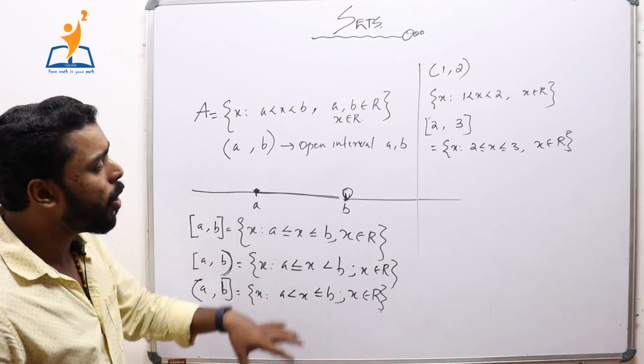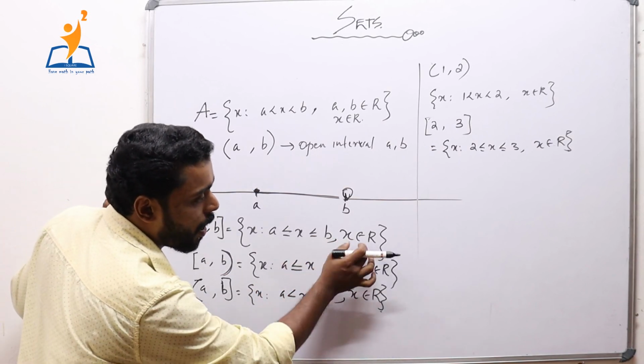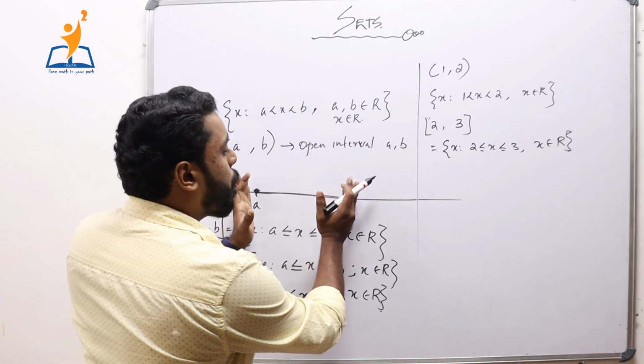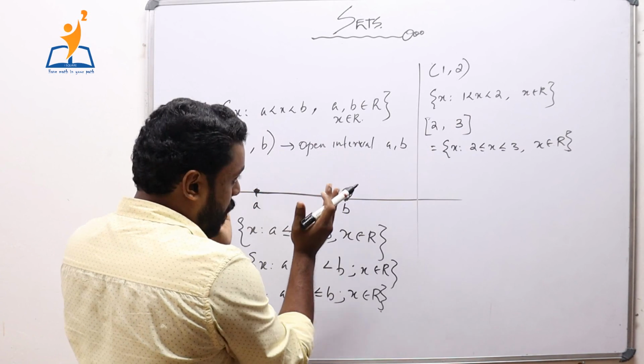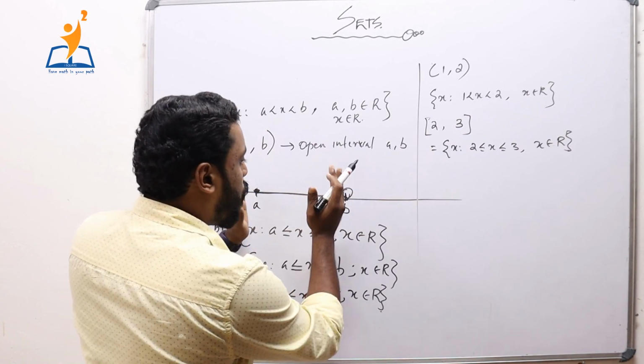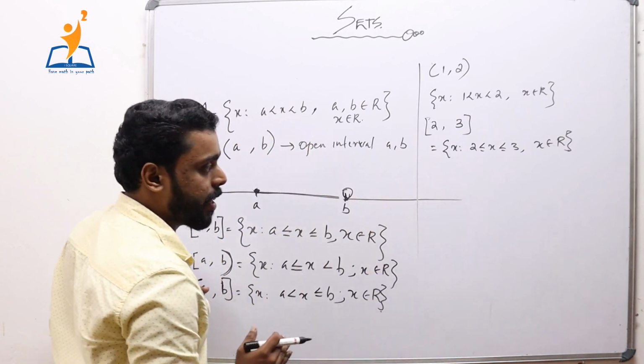Note that in all these examples, the elements in the set are all elements of the real numbers. We can say that the interval, whether closed, open, open-closed or closed-open, is a part of the real line, isn't it?